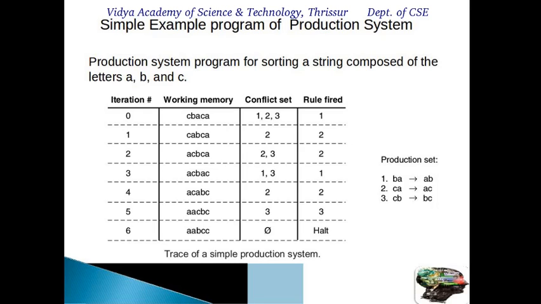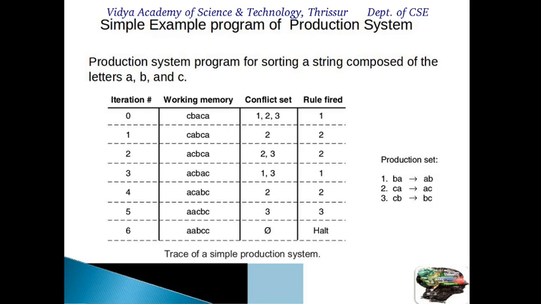In the next iteration, rule 2 is selected, only one condition is met, and rule 2 is fired, which means CA in the word is converted into AC. Like that it comes to the fifth iteration, and ultimately it will come to the last iteration, the sixth iteration. In the sixth iteration, the word is AABCC.